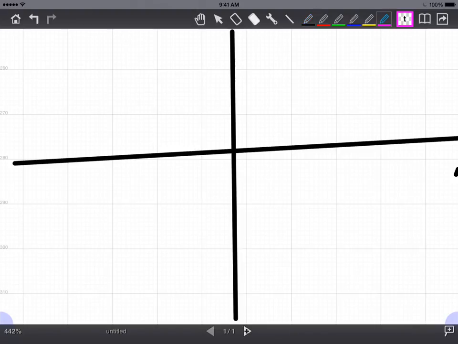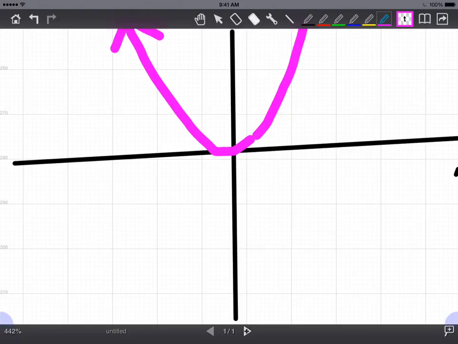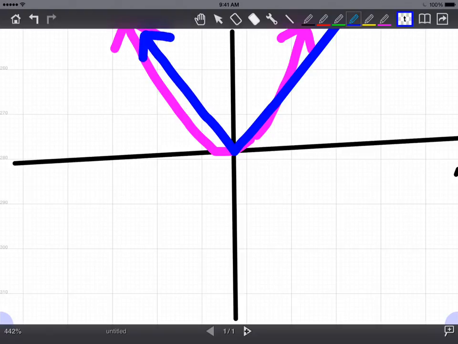So we have a very common even function, of course, the parabola, centered on the y-axis. And then we also have the absolute value function. And then a common odd function would be the cubic function.